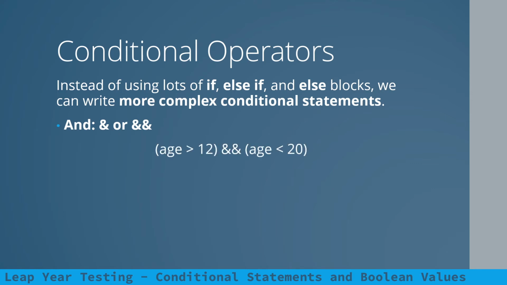So for example, let's say you were trying to find out, is a person a teenager between 13 and 19? So we can have two conditions: their age is greater than 12 and their age is less than 20. Both of them have to be true. For example, if someone's age was 40, that is greater than 12, but they're not a teenager. So both conditions have to be true for us to say that that person is a teenager, both greater than 12, and less than 20.